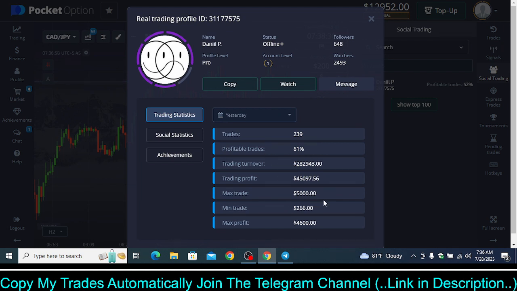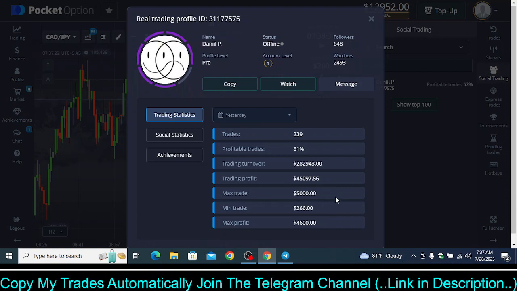Here you can see if you copy a random person's ID, then there is one problem: his minimum trade is $266 and his maximum trade is $5,000. Now the win rate of profitable trades is 61%. So let's say he made $266 profit five times, and lost one trade of $5,000.